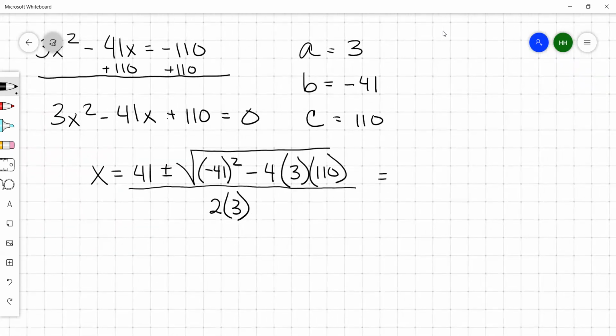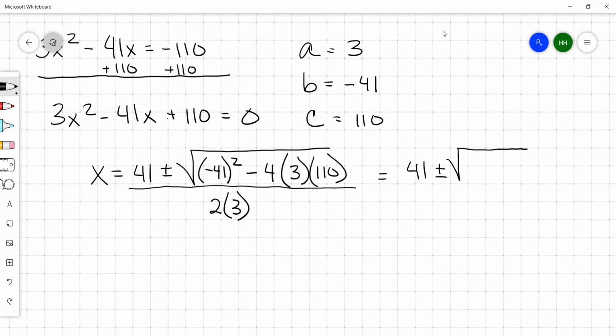So this becomes 41 plus or minus the square root. And I showed you how to do this in your calculator. So you do negative 41 squared. You just push the button on the calculator. You push minus 4 times 3 times 110, and you hit equals.